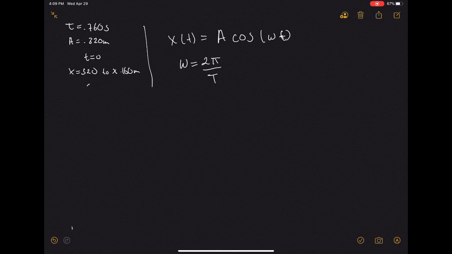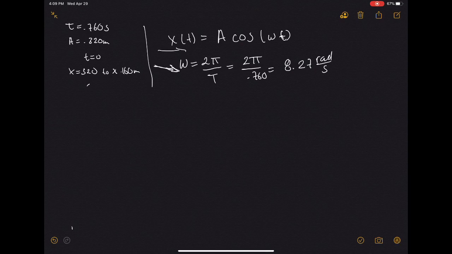So we have all the information except for that. First we have to solve this one, which is 2 pi over 0.760, and that's going to give us 8.27 radians per second.